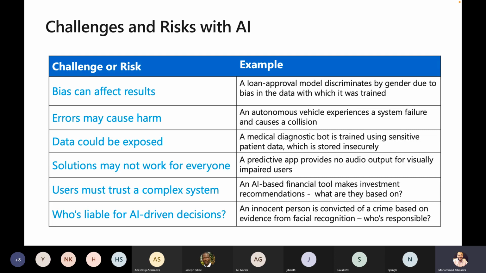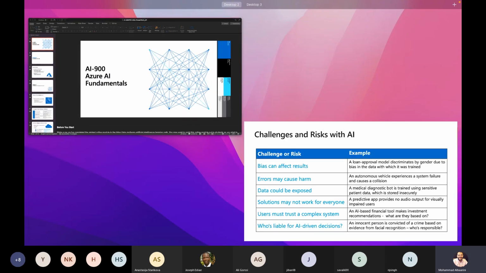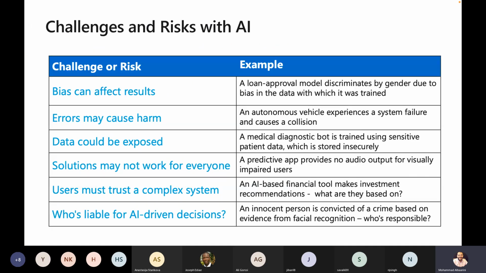Me personally, I've done a temperature prediction based on an AI algorithm. I think I can show you some of the work I've done.